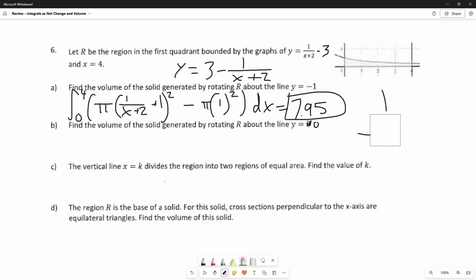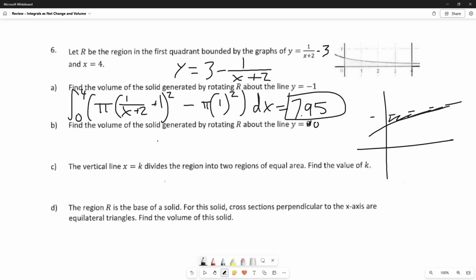And now that's going to look something like this, with the asymptote right here. And now what we can see is this asymptote is our upper curve, and this 3 minus 1 over x plus 2 is our lower curve.